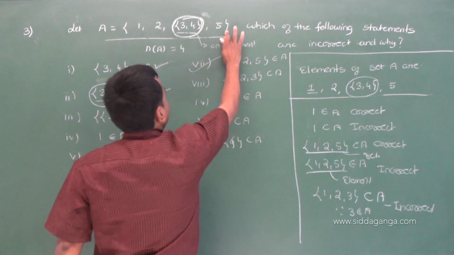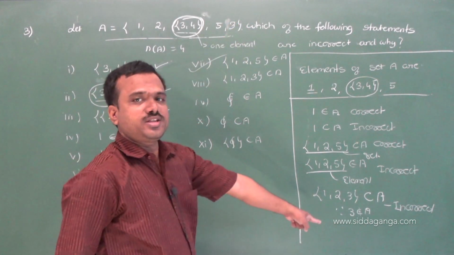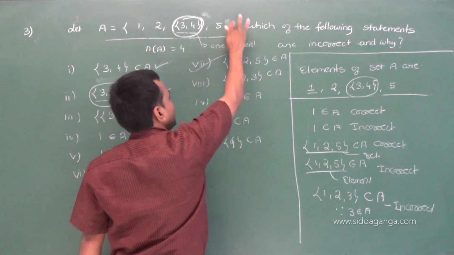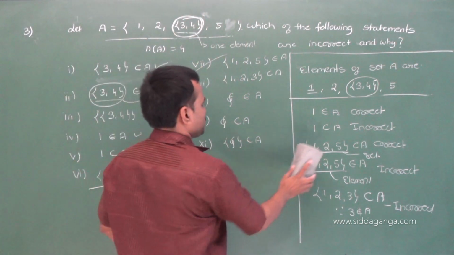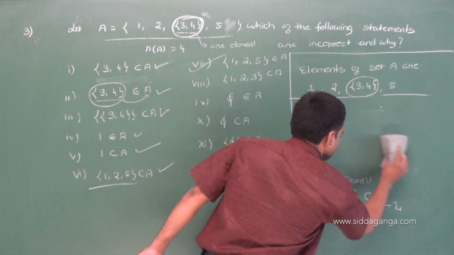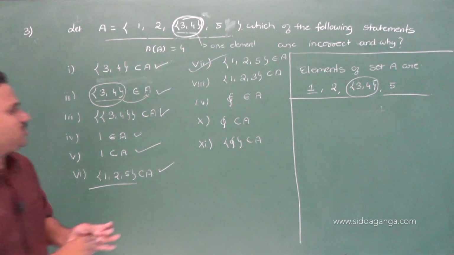If 3 belongs to A, if I write 3 as one more element, then only it is correct. Okay? This one is also over.